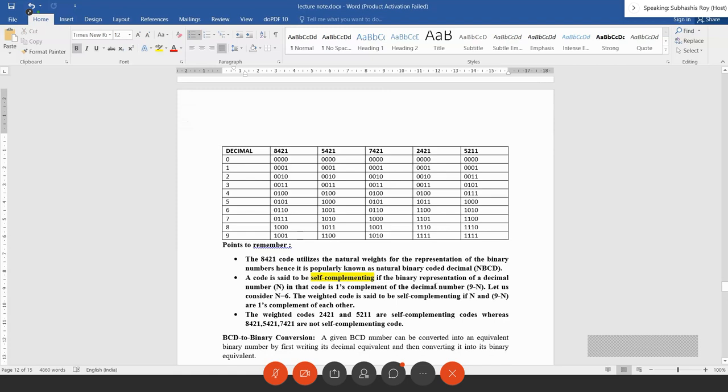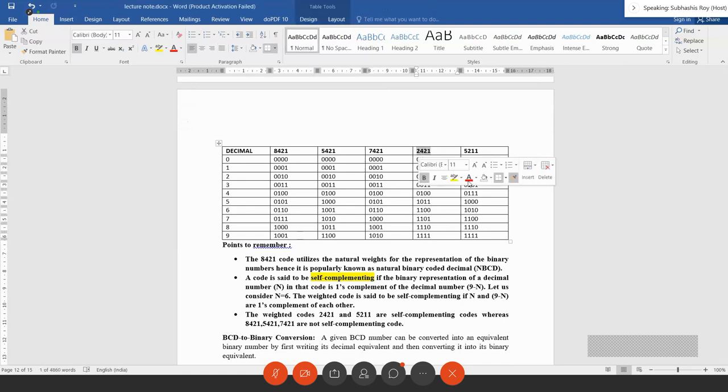Basically, a self complementing code. See the example here. Suppose I am using 2421, and I am trying to represent 4, so this is the representation of 4. This representation should be the one's complement of the representation of 9 minus 4, and 9 minus 4 is nothing but 5.